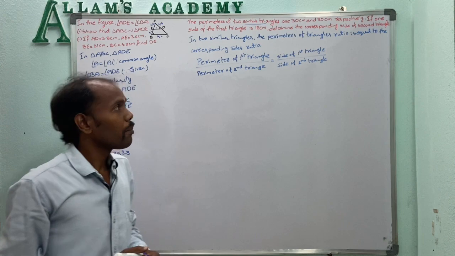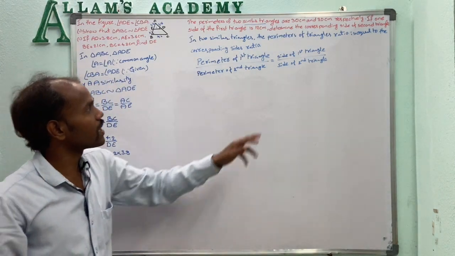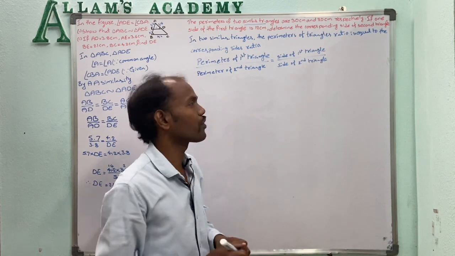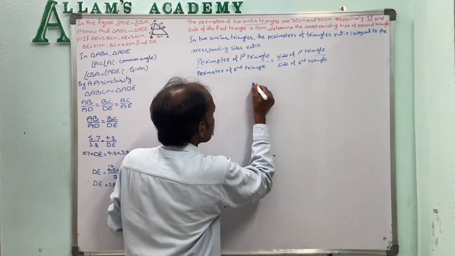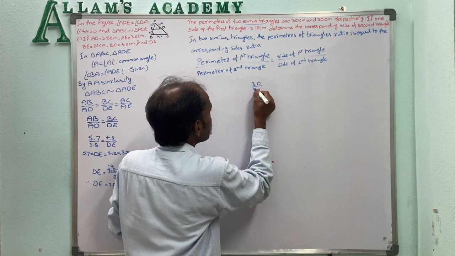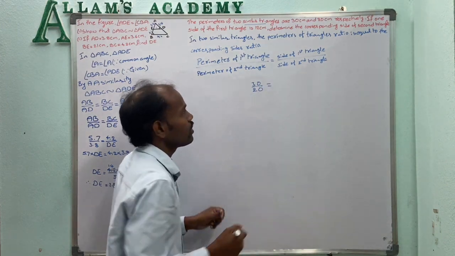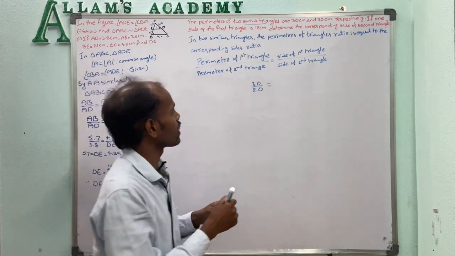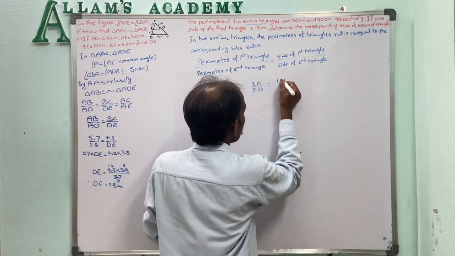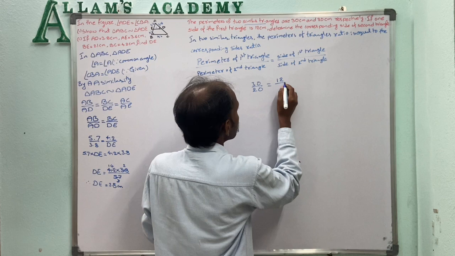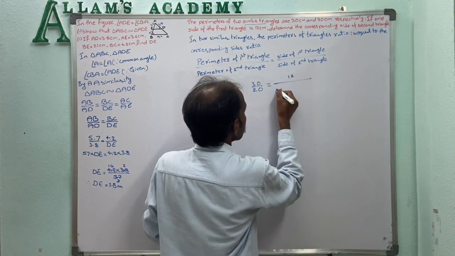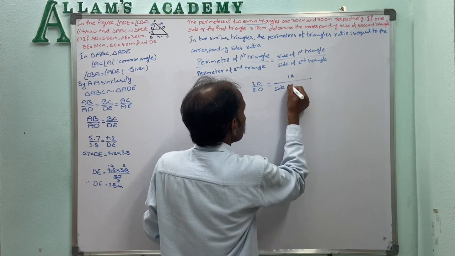Now the perimeter of the first triangle is given as 30 centimeters and the second triangle perimeter is 20 centimeters. That means 30 by 20 equals the side of the first triangle, 12 centimeters, given, by the side of the second triangle, which we want to find.